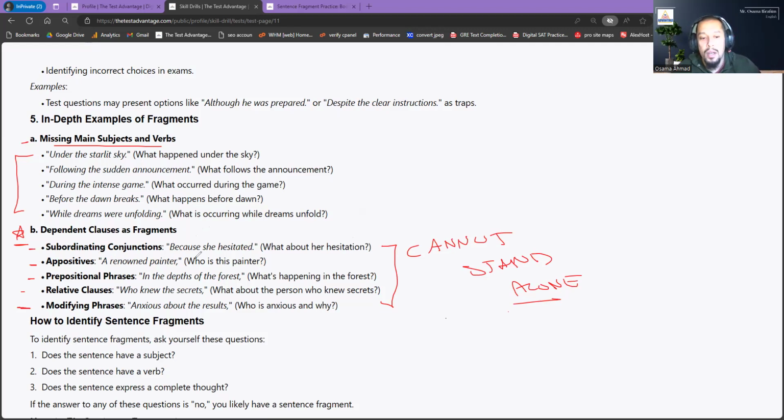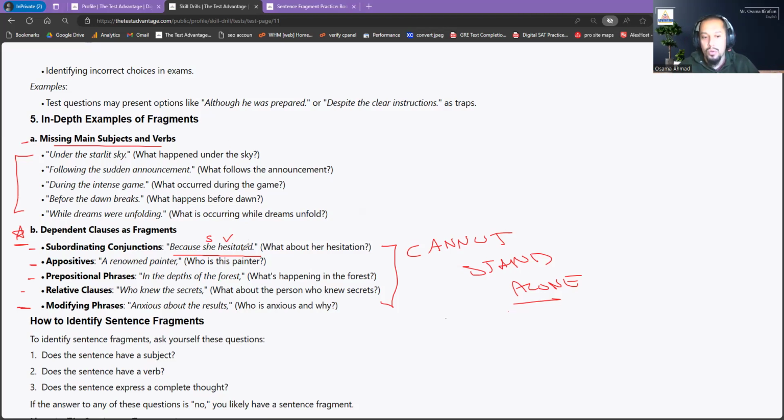Like for example here, because she stated, شايفين, we have a subject and verb, صح؟ It's still a fragment. So keep in mind, مش أي حاجة subject and verb معناها complete idea. And this is a problem أنا بواجهها مع طلبة كتير, specifically العيال اللي عايزين بس يحفظوا وخلاص. يشوفوا subject verb يقولوا complete idea. Like يا جماعة, no. It's a subject and verb ولازم يبقى complete.